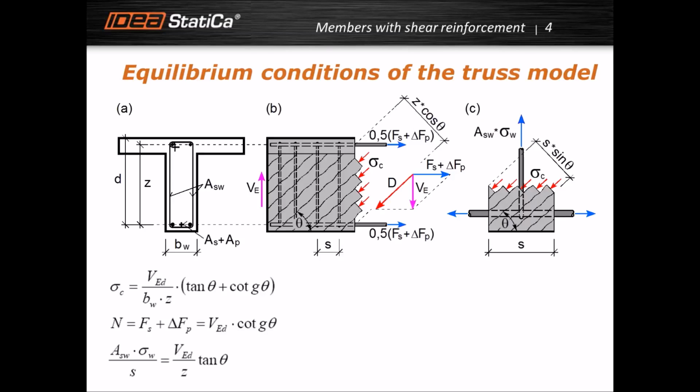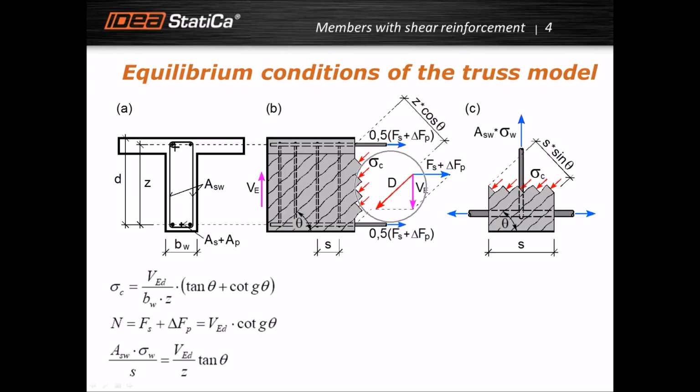When we speak about the problem of inner lever arm and other parameters related to shear, we have to start with the equilibrium conditions of the truss model. You can see the picture of reinforced concrete element with the shear force as the only load. So it is a theoretical case of pure shear. This shear causes the cracks, diagonal cracks, and it imposes compression into the diagonal struts.